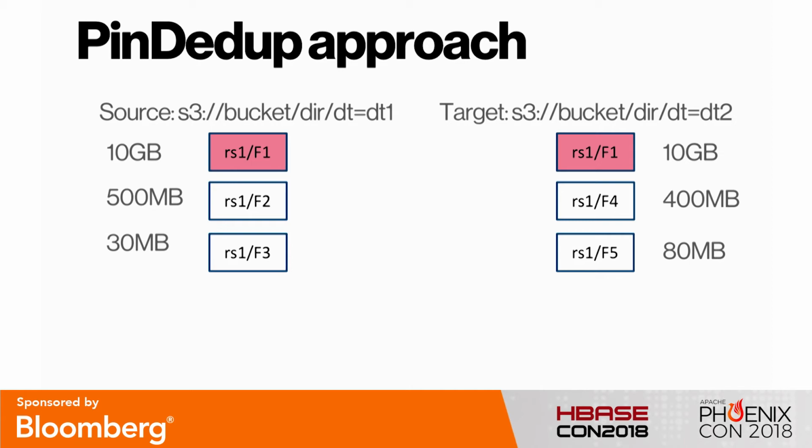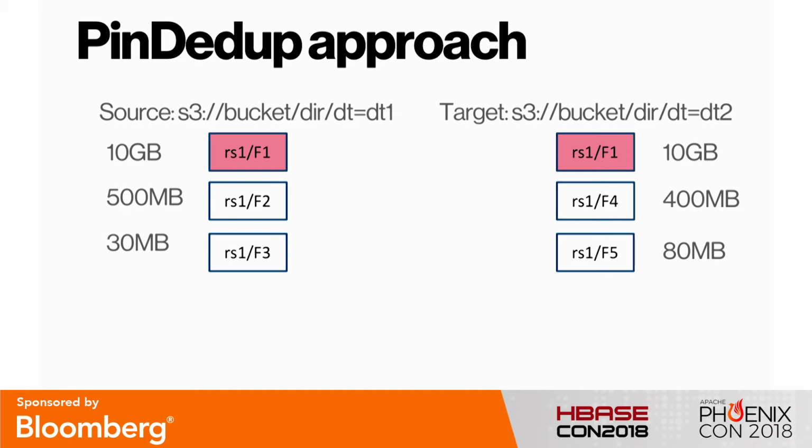For simplicity, what pindedup does is traverse the directory hierarchy in the HBase directory and identify the set of HFiles under each region. In this example, let's suppose we're talking about region RS1. It has 3 HFiles, F1, F2, and F3 in the previous day, and F1, F4, and F5 in the next backup day.